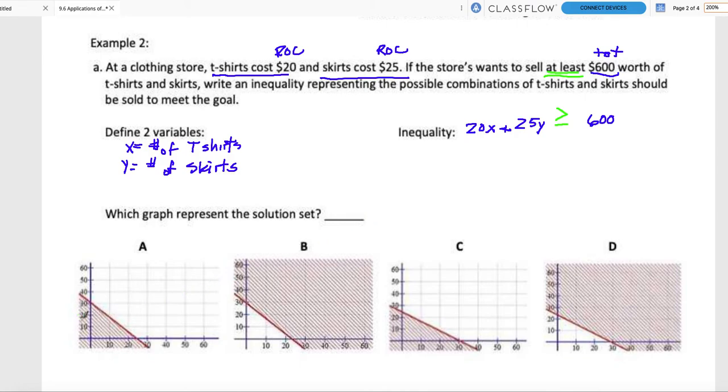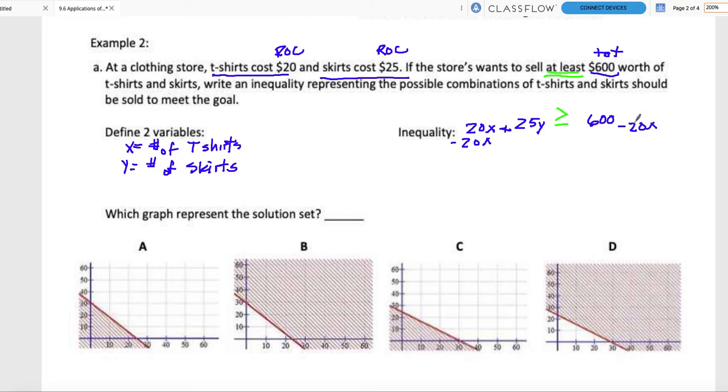All right, so what are we going to do? Well, look at these. What we need to do is solve this equation for y so that we can figure out which one of these graphs match that equation. Okay, so let's switch back to blue. First thing, I'm going to solve for y, so I'm going to subtract 20x from both sides. Two-step equations.